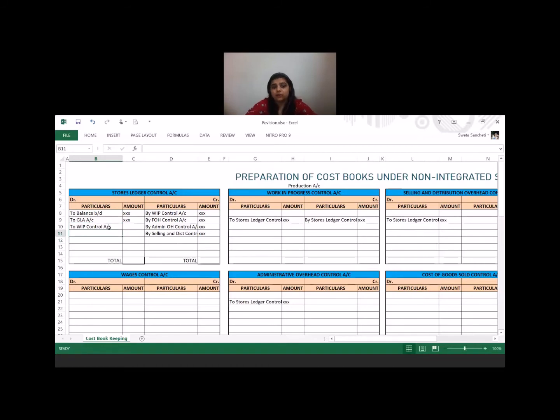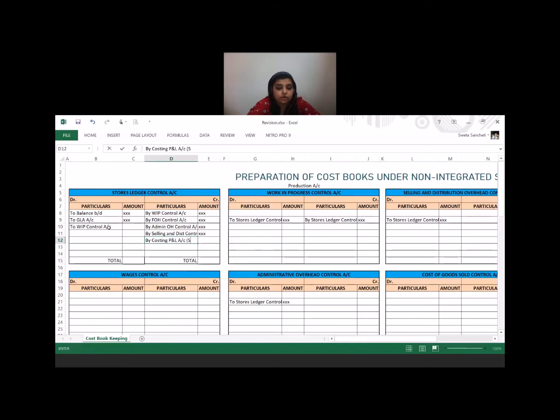Now when we are doing a physical check on the units, let us say there is a shortfall. Now if it is an abnormal shortfall, that means you have to bear that expense. So what will you do? You will remove that shortfall from the stores ledger control account and shift it to the costing P&L account. So let me remove this by costing P&L account.